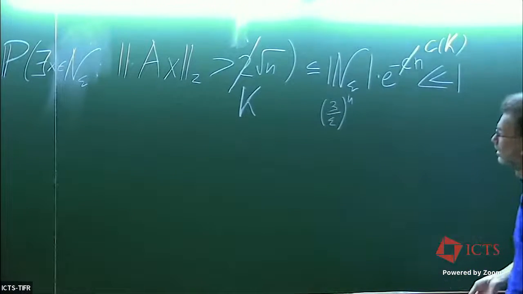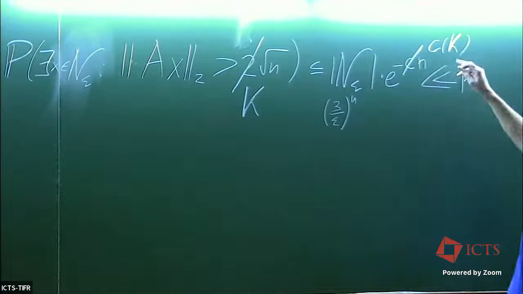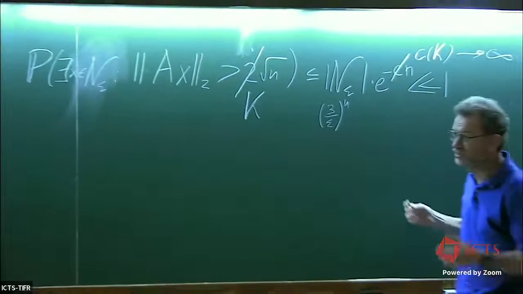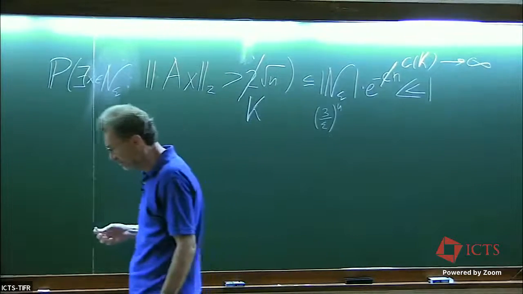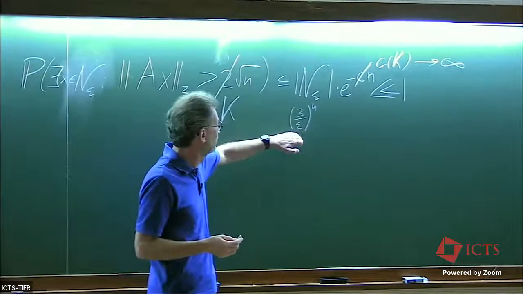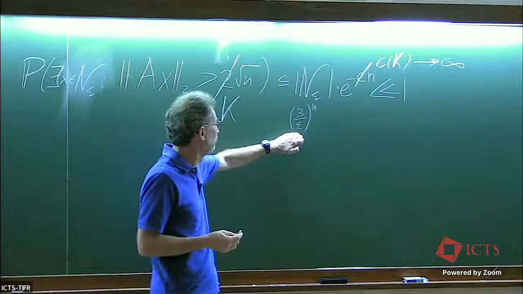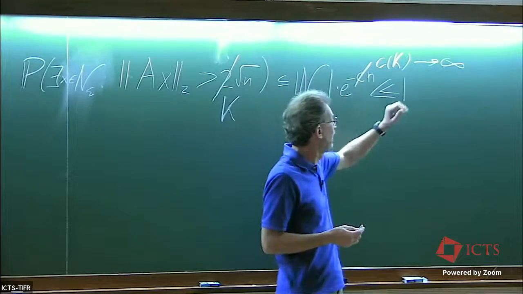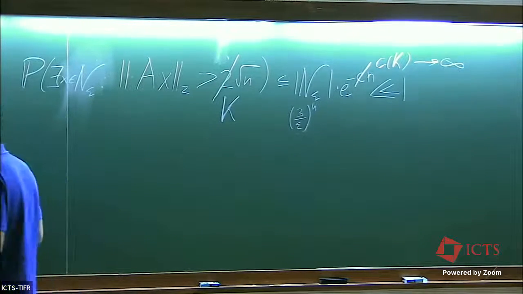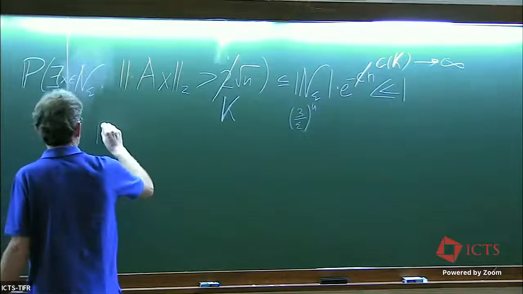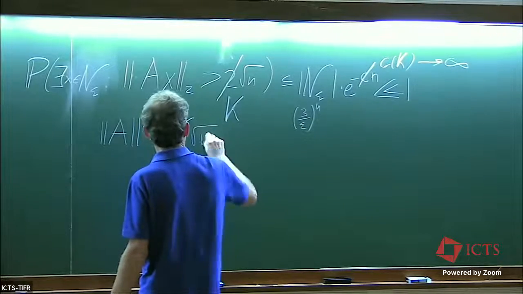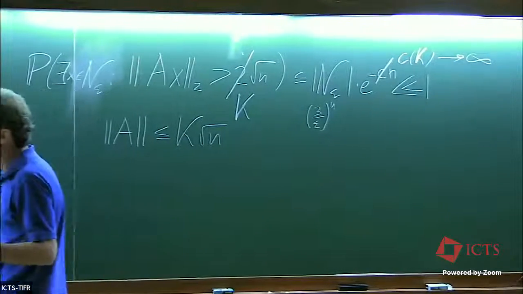If I make k larger, this c of k will be larger, and it will tend to infinity just from elementary concentration. So we will be able to overcome this union bound barrier. We'll prove it, and we will conclude that with probability exponentially close to 1, the norm of A is less or equal than k square root of n. So the first singular value is very clear.